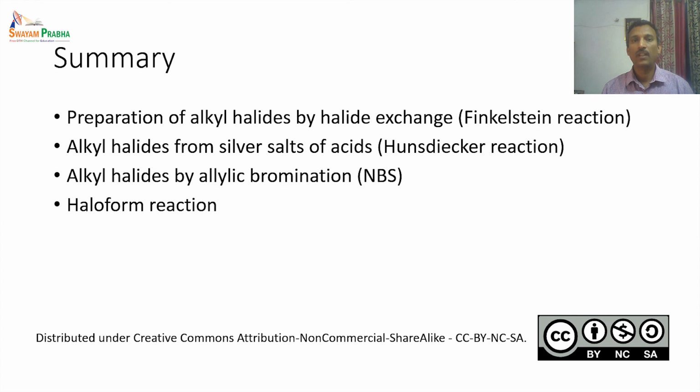The last one is the haloform reaction. Here, an acetyl group should be present in the starting material. Basically, ketones having CH3 groups, alcohols having CH3 groups, or acetaldehyde can be used to prepare haloform.